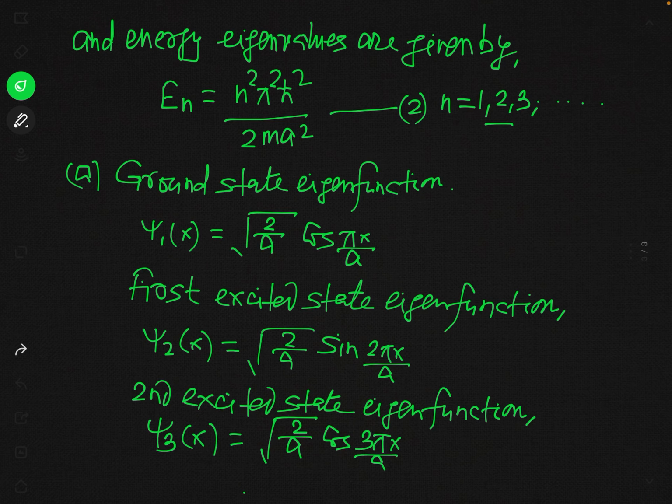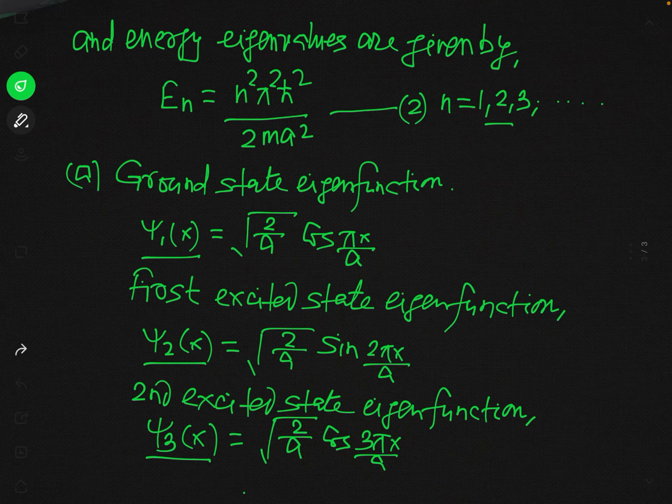So these are actually the eigenfunctions in these first 3 states of the particle. This psi1 of x is the ground state eigenfunction, psi2 of x is the first excited state eigenfunction, and psi3 of x is the second excited state eigenfunction.